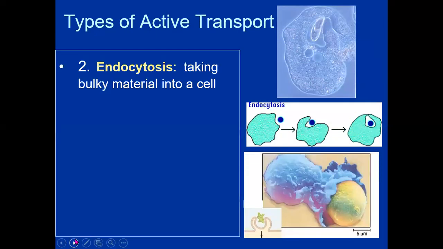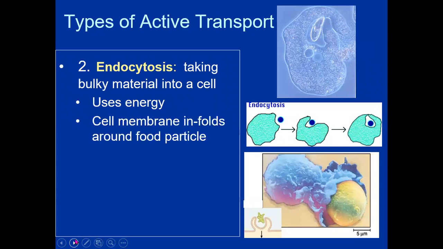The next one is endocytosis. So endocytosis is when bulk materials are taken into the cell. How this happens is that the material to be taken in comes near the cell, then the cell forms what are referred to as invaginations, and then the cell folds around the material and it is taken inside.